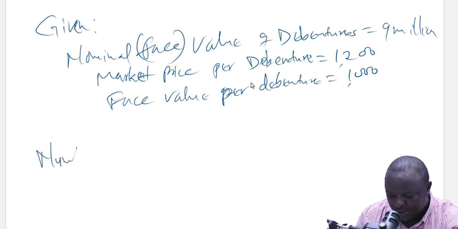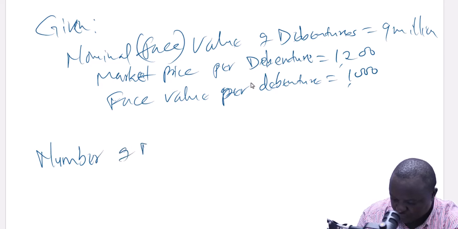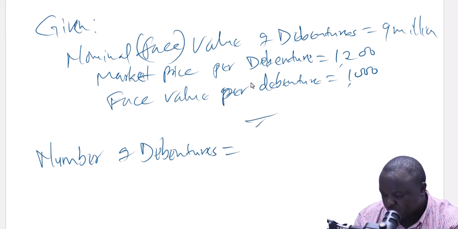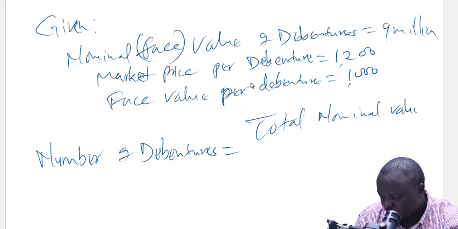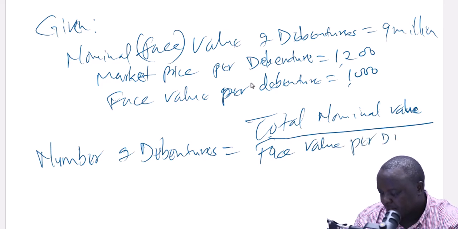The number of debentures equals the total nominal value divided by the face value per debenture.